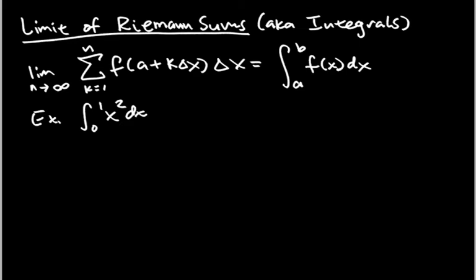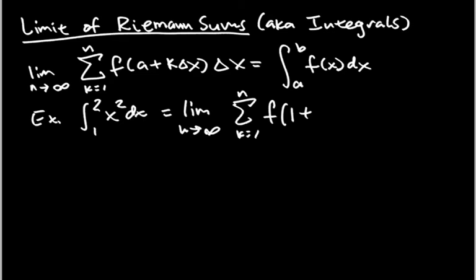So that's going to be equal to the limit as n approaches infinity of this thing. Actually, let's do 1 to 2, that way we have an a to work with. So what's delta x? That's 2 minus 1 divided by n, so 1 over n. k times 1 over n, and delta x is 1 over n.